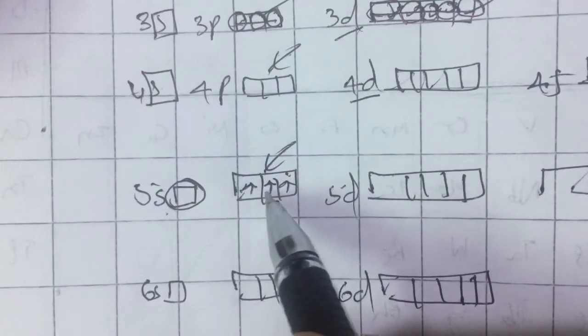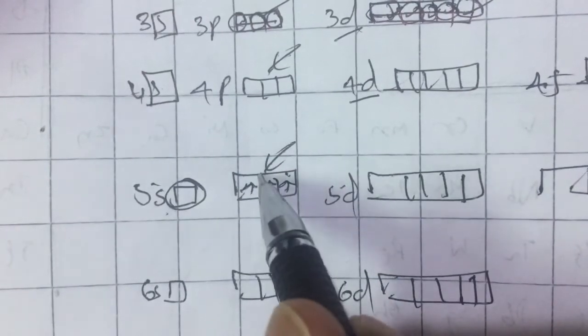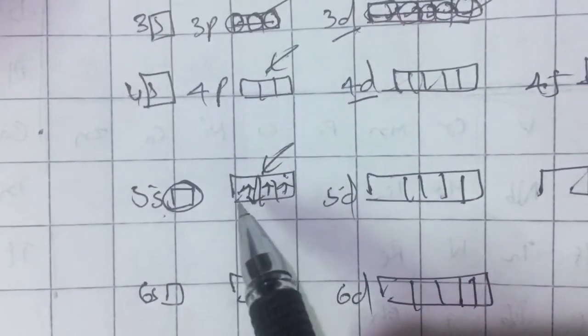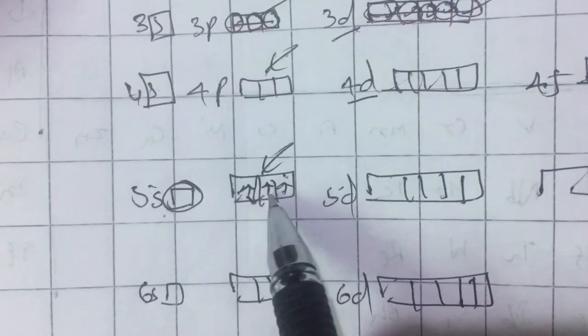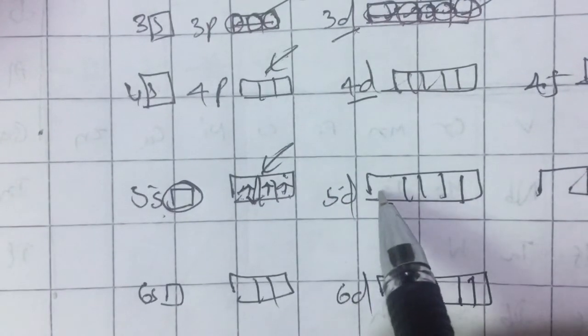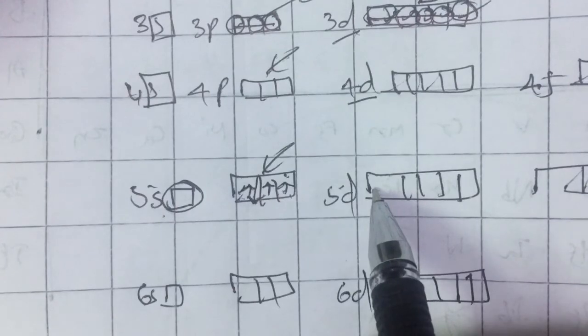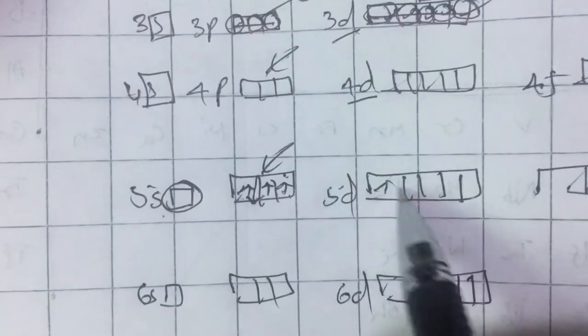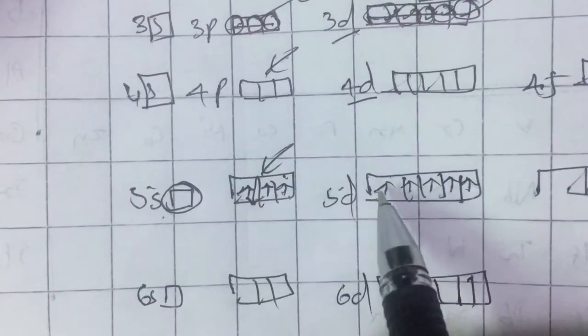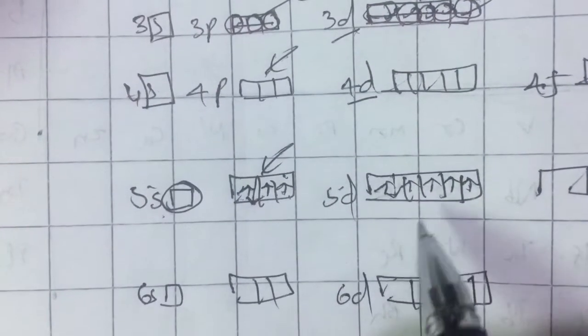After putting one in each degenerate orbital, then only you try to pair up. Electrons cannot be paired unless all the degenerate orbitals are half filled with one electron. For example, in d orbitals, first you should write 5 electrons with parallel spin. After writing 5, the 6th electron you can pair.